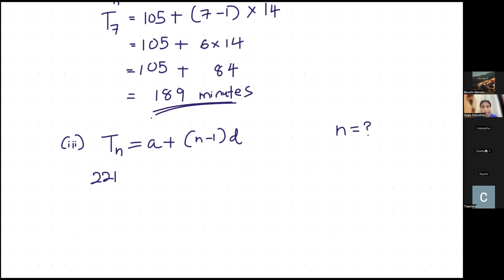So we can write it like this. Let's find for 221. We know a is 105. N is what we don't know. D is the difference, 14.